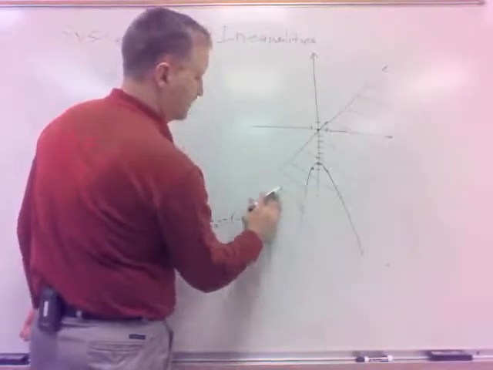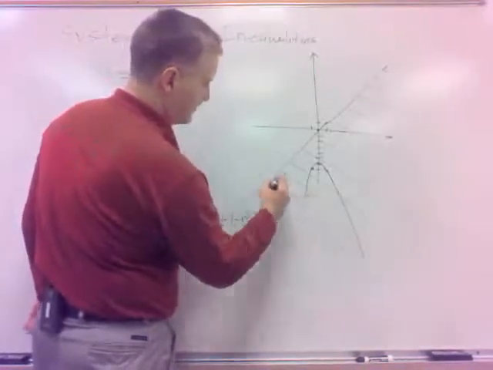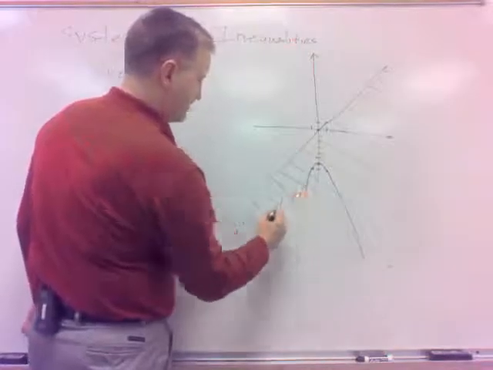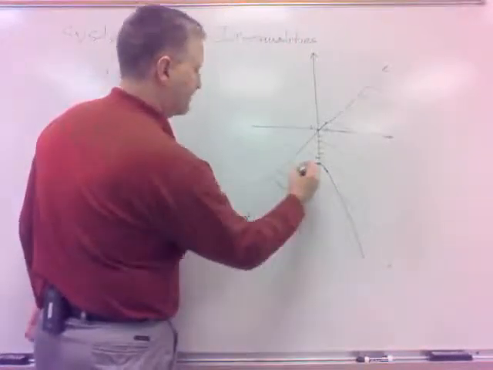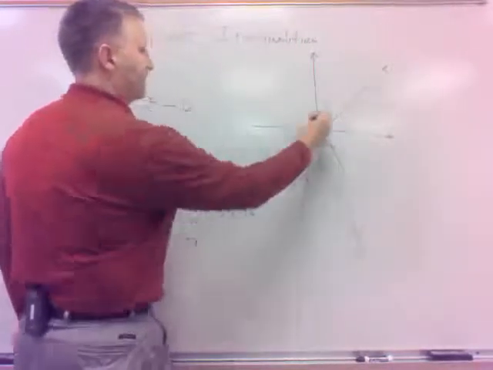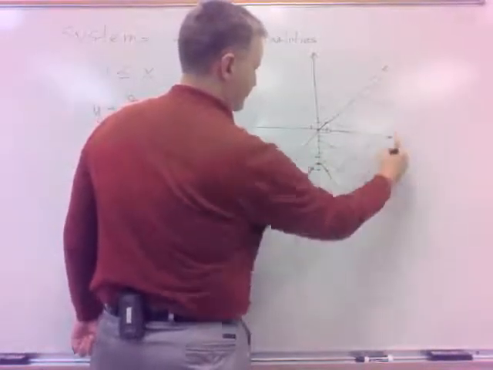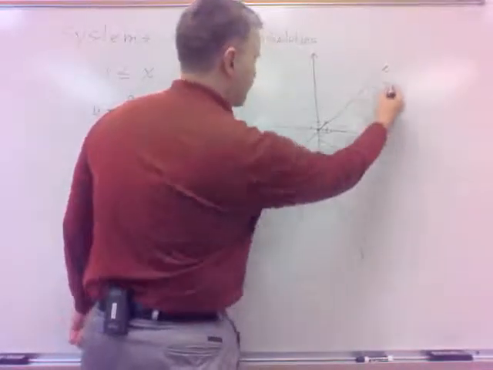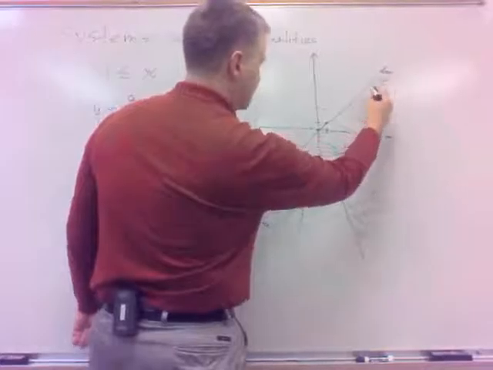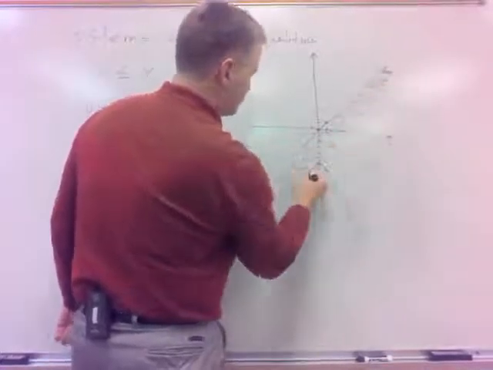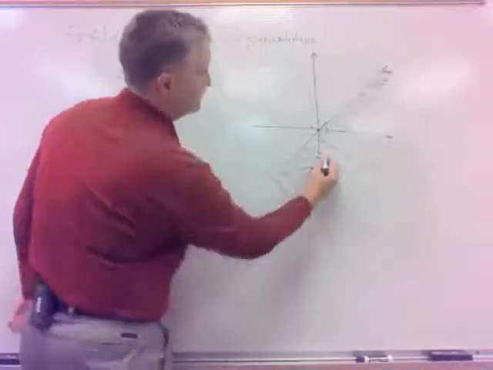And I probably want to go the other way with my shading, so outside of all that. Yeah, it's going to be this part here. Everything down below this, but outside of the parabola.